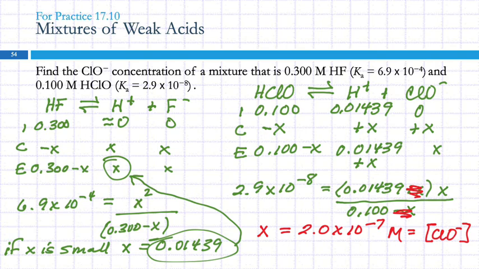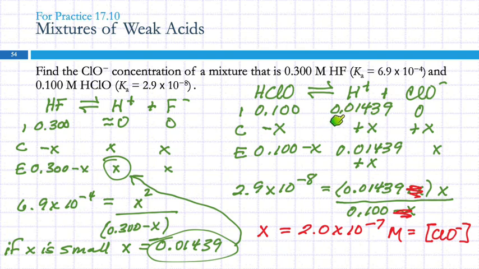What we're doing here is we're saying, okay, this is the strongest acid. It's going to have the biggest impact on the hydronium ion concentration. So I'm going to find out what it would give me if it was all by itself. And so I find this value. The weaker acid is going to contribute less, and this amount of hydronium ion concentration over here on the product side is going to reduce its effect even more.